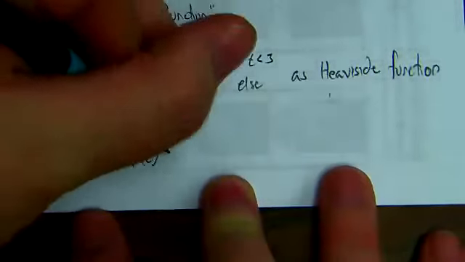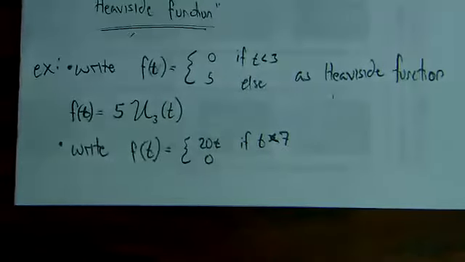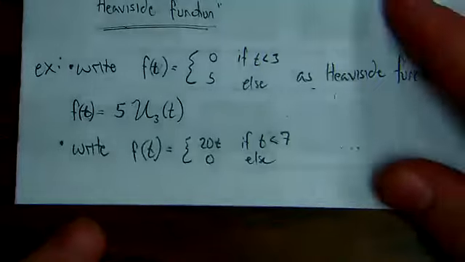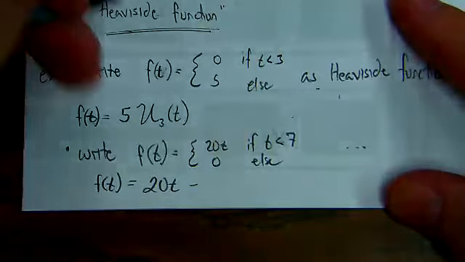We might have f of t starting at 20t and then switching off at 7. In this case, I need it to start at 20t, and then I need it to be 0 when the Heaviside function is switched on.